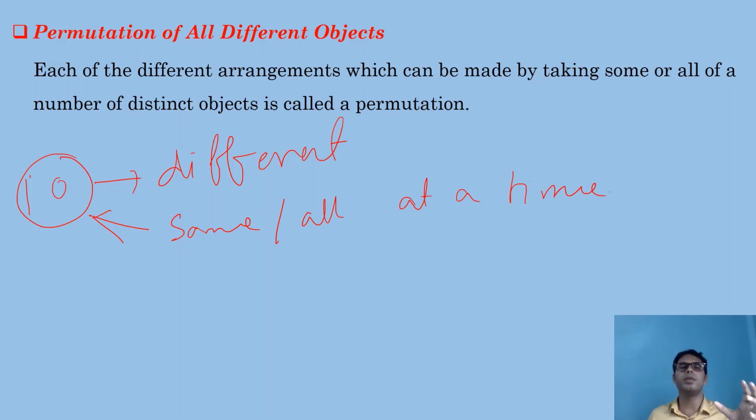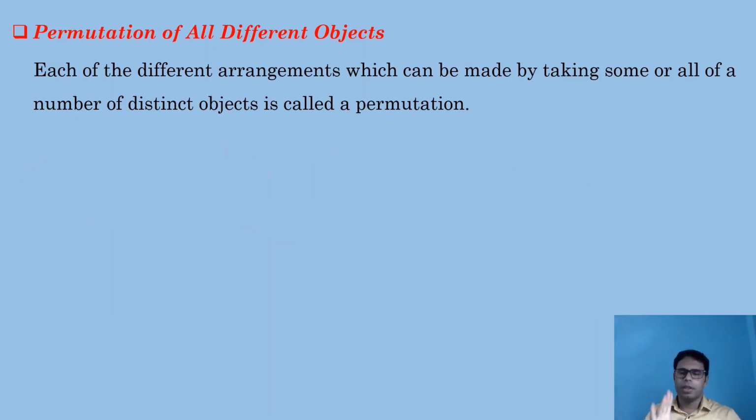Then each of those arrangements is called a permutation. First you select the objects, then keep them in some particular order. Each particular order maintained is called a permutation. So this is the definition of permutation.